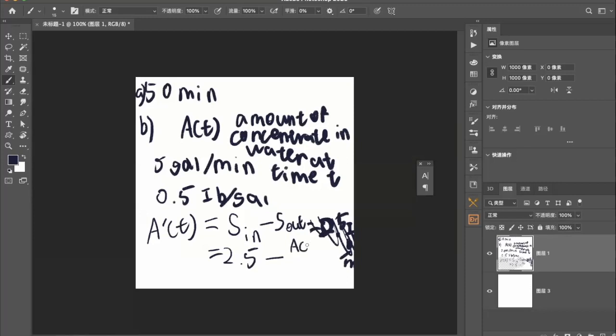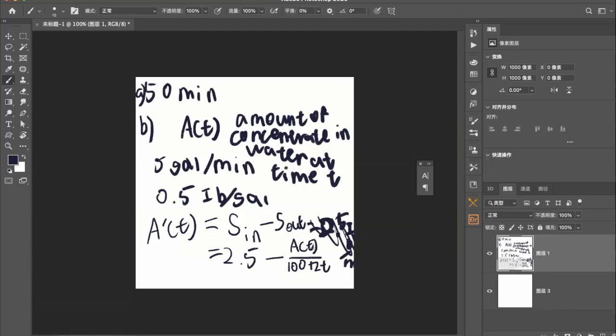So how should we do that? Well, the amount of concentrate coming out depends on the amount of concentrate in the solution. And A(t) stands for the amount of concentrate in this water. And then 100 plus 2t gives us the volume of the water at time t.